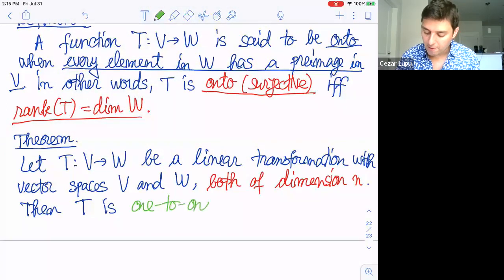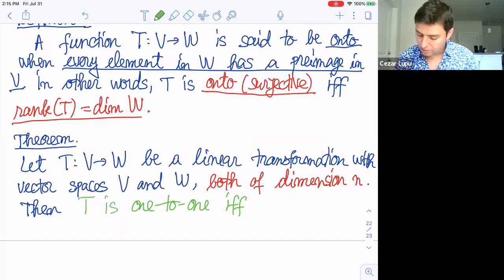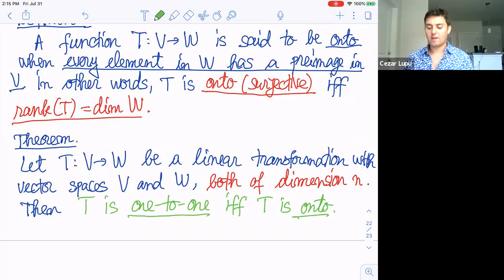If and only if T is onto. Surprisingly, they're equivalent. If we have a linear transformation, I want you to pay attention to this theorem.